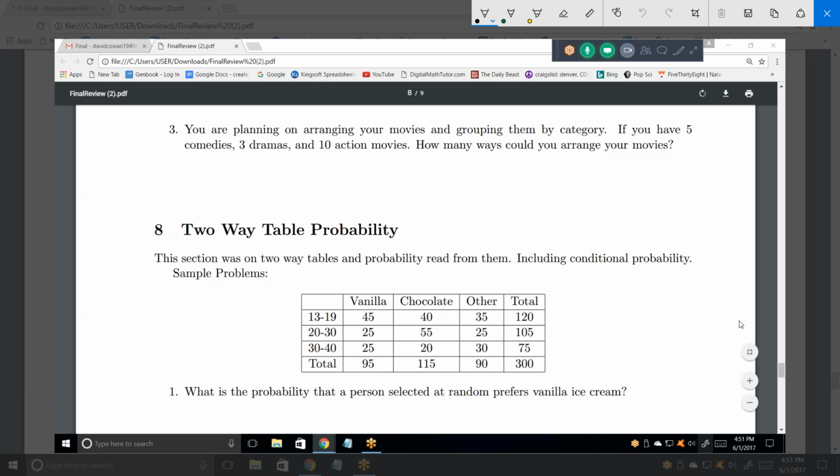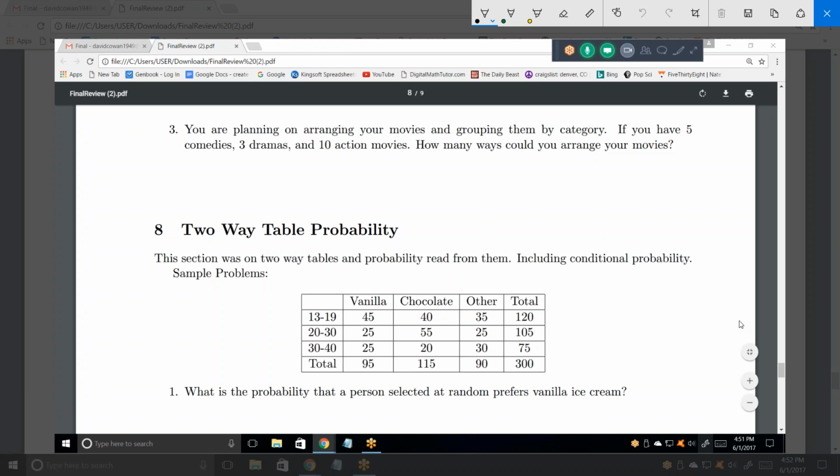Remember the problem where I said if you have 12 different choices for a meal, how many different ways could you pull out 3 items? And it was 12 choose 3.